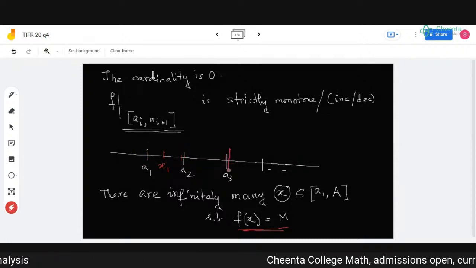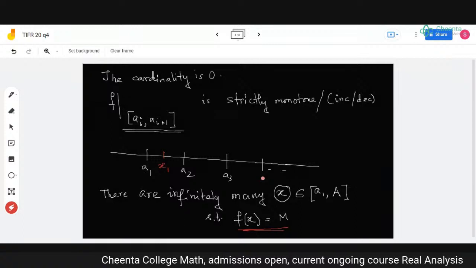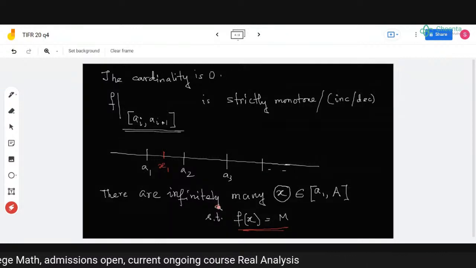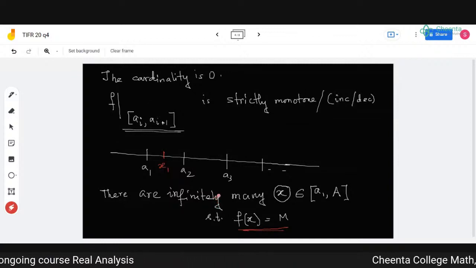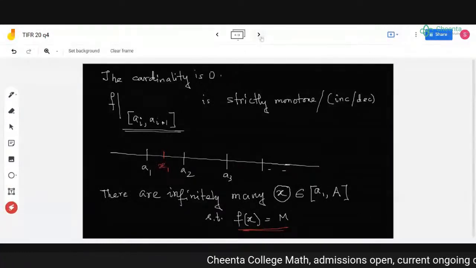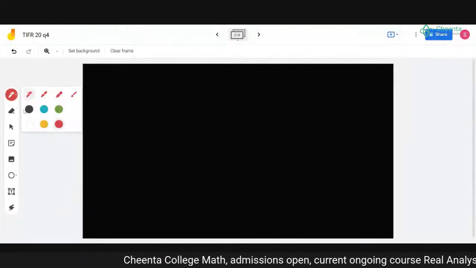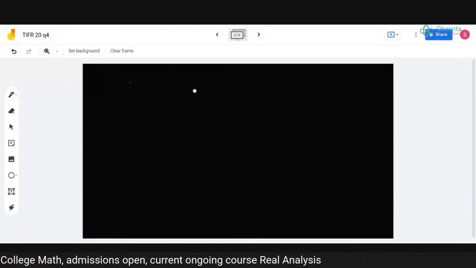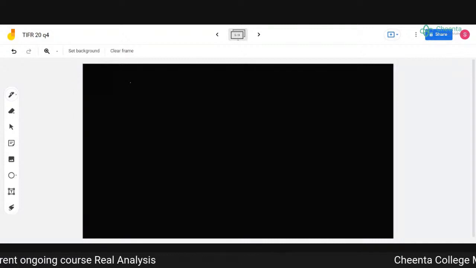So since in these intervals your function is always injective, there can be at most one x from each interval where f(x) equals n. Since there are infinitely many, we can actually take a countable collection of them.